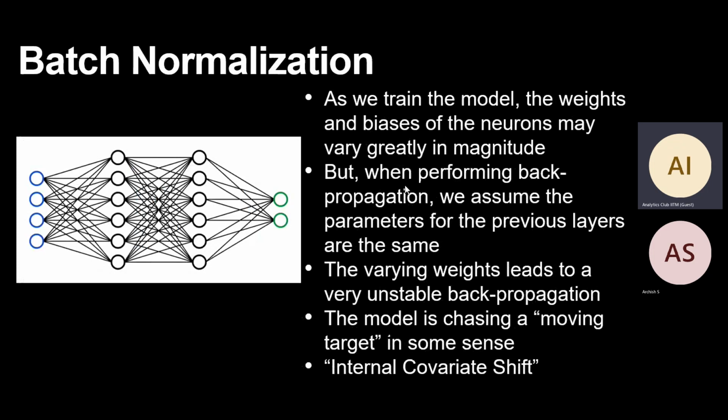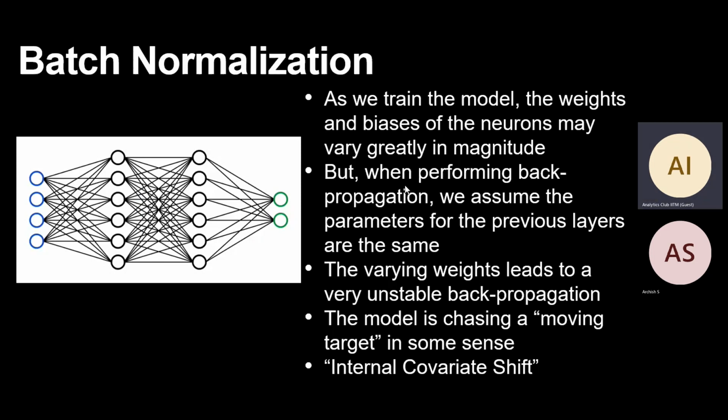But when you have deep models and a lot of parameters, as your input passes through the model, it is very easy for the weights and the outputs from the neurons to vary greatly in magnitude. When this happens, your model becomes very unstable and the backpropagation is not really good. Your training is unstable and your model is kind of chasing a moving target, because every time the weights of the previous layers change, your optimum is something else, right?